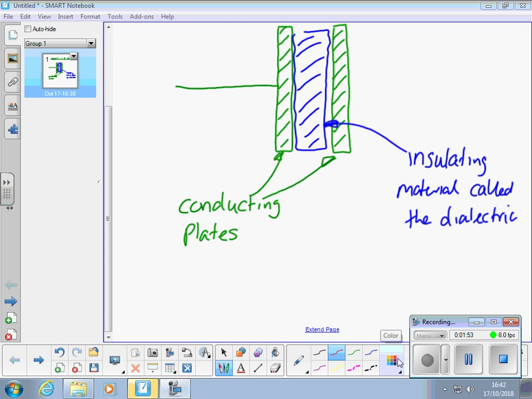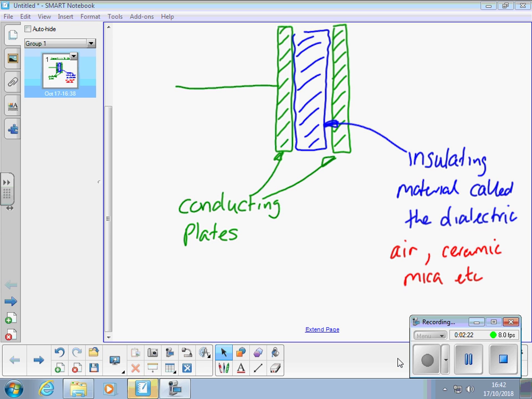Examples are air, ceramic, mica, etc. And then you get electrolytic dielectrics, which are an electrolyte. But essentially it's an insulating material.